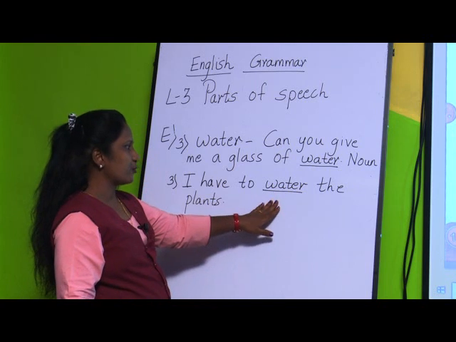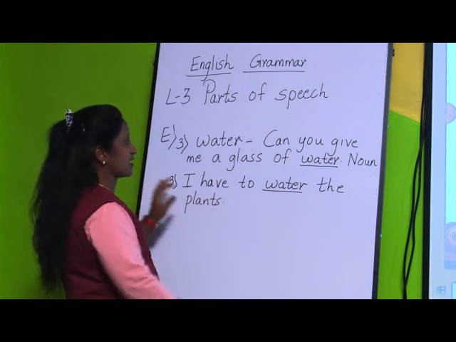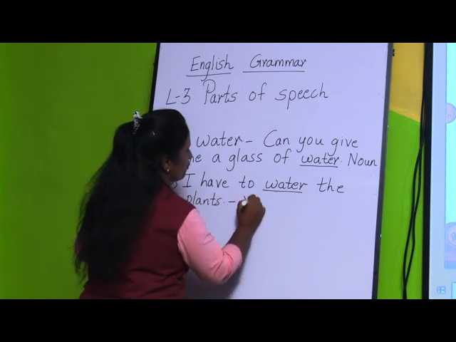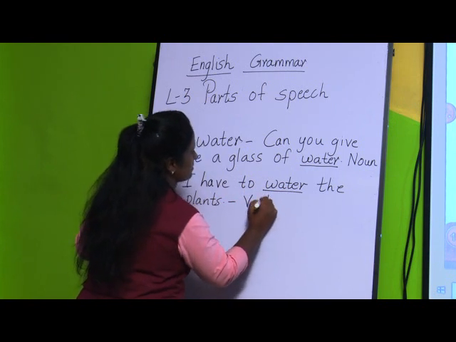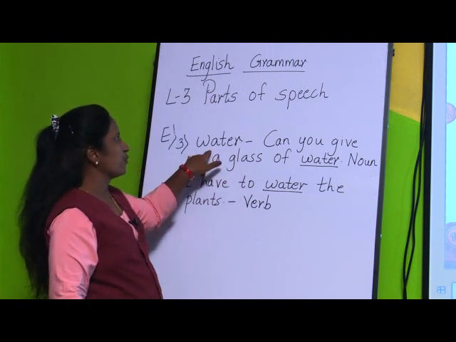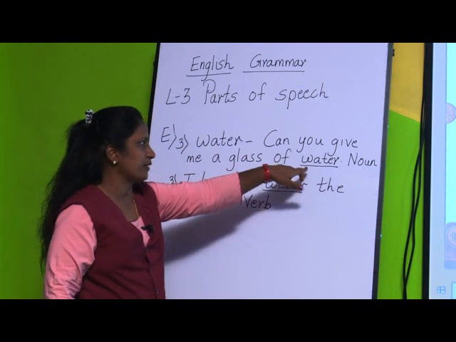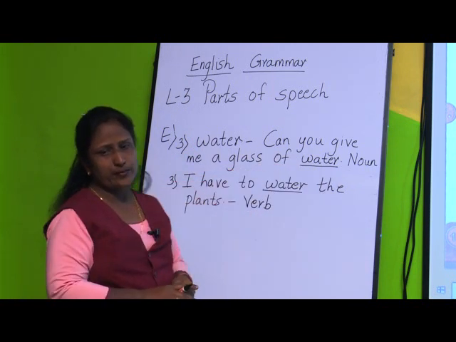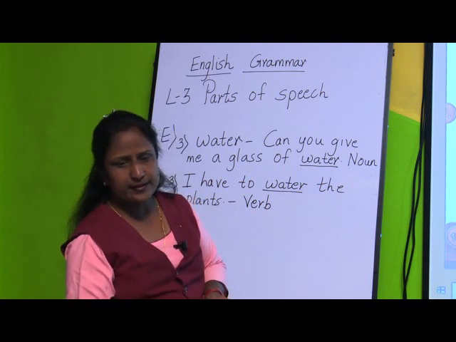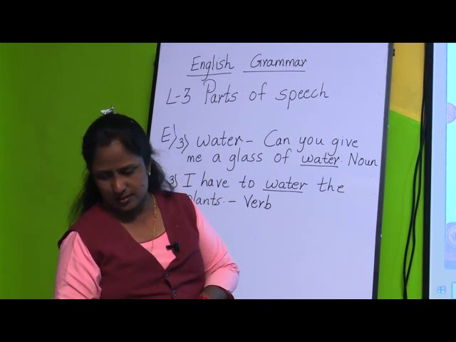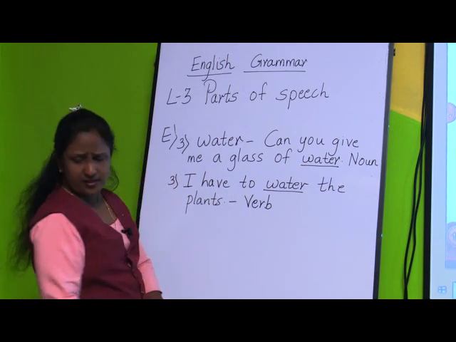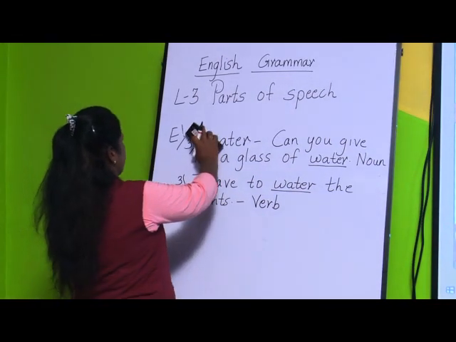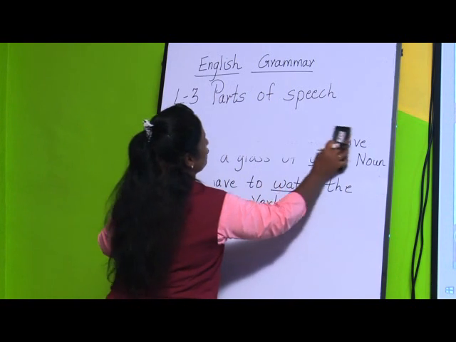So what am I doing? I am doing the action of watering the plants, and this word I have used as a verb in the sentence. So we can use one word in the form of a noun and also in the form of a verb. One more example, the fifth one we can take, watch. Now see, I will write one more example now.